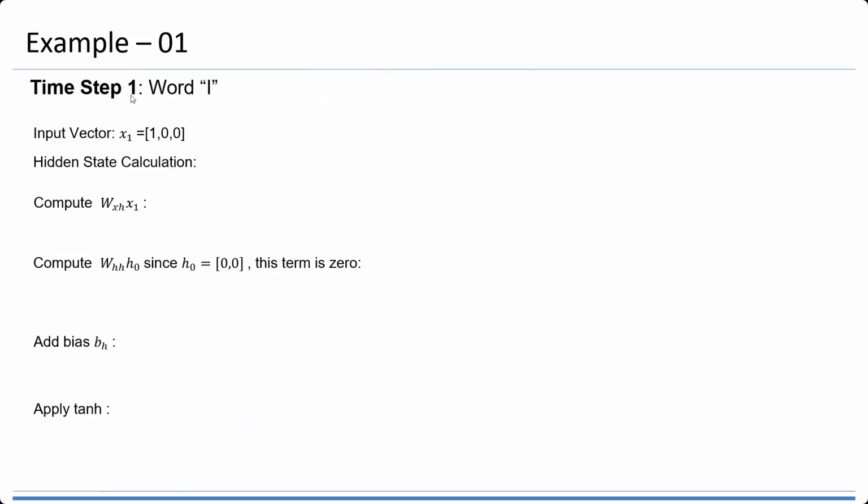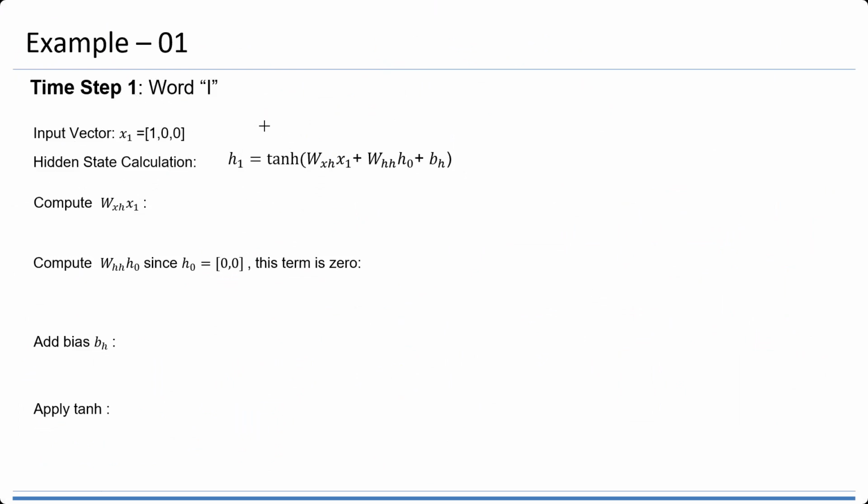So the first step is the word I. So the input vector X1 is 1, 0, 0. We use the hidden state calculation that we have before.